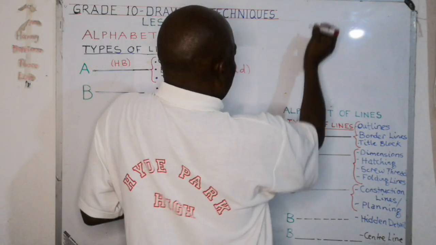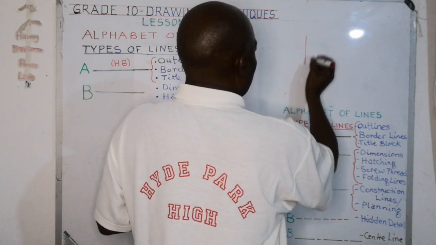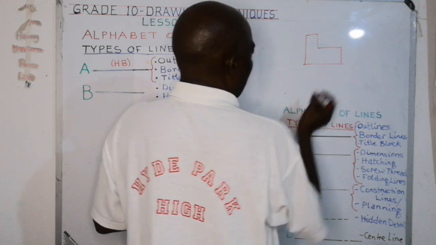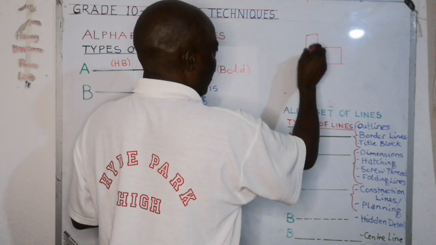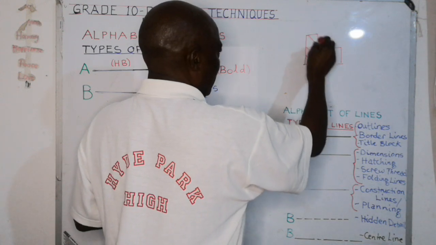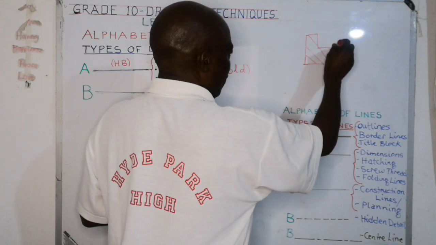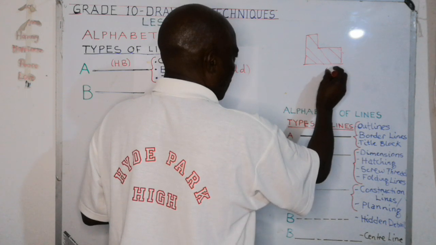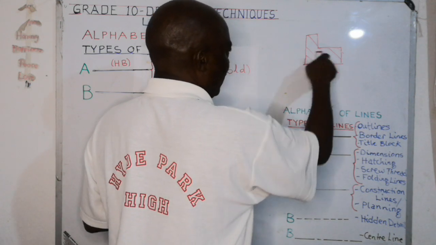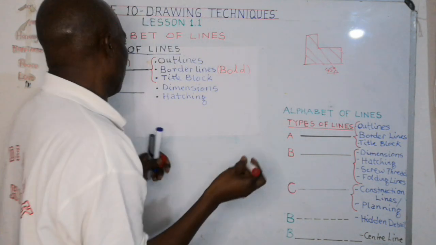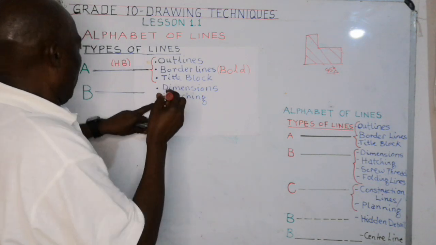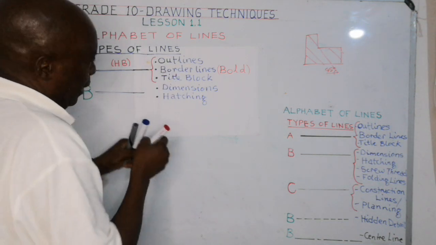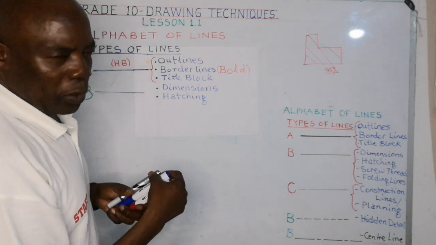When you have an object that has been cut, you show it like this. These lines are drawn at 45 degrees. So those are hatch lines, 45 degrees. Hatching is used in type B line.